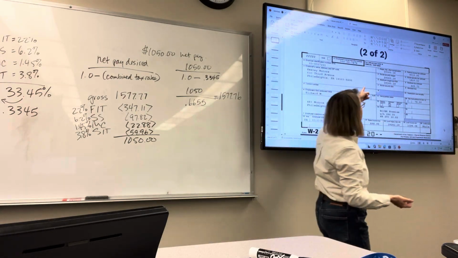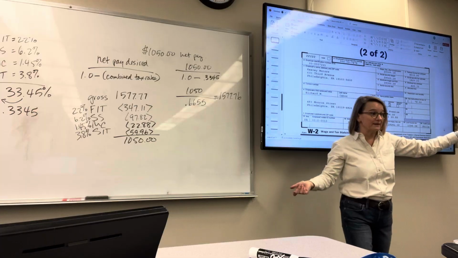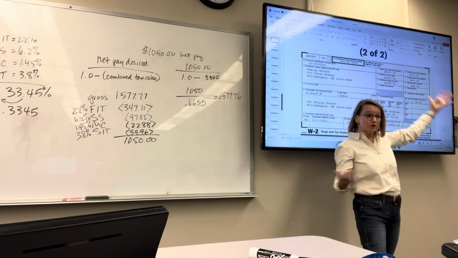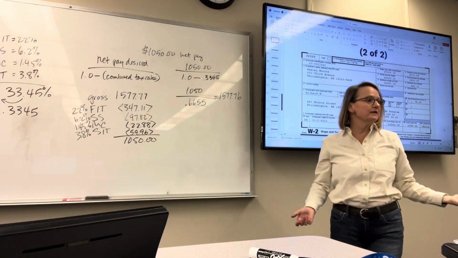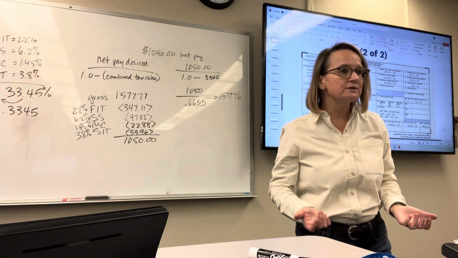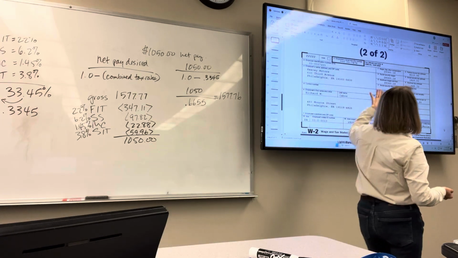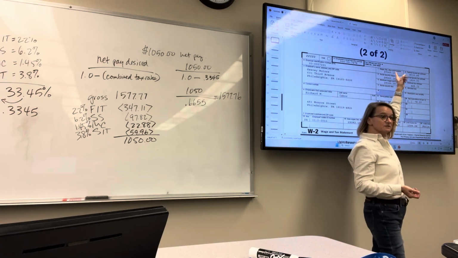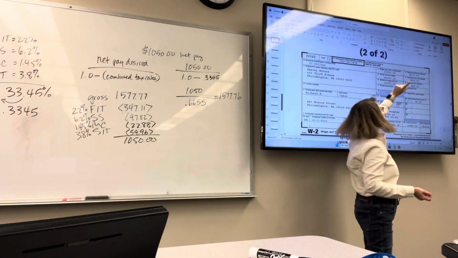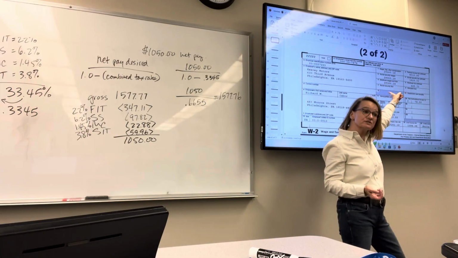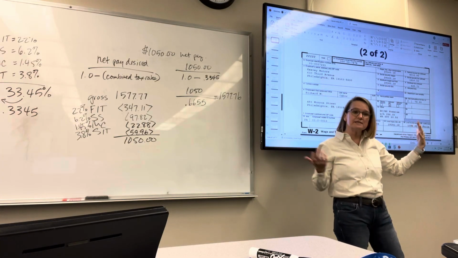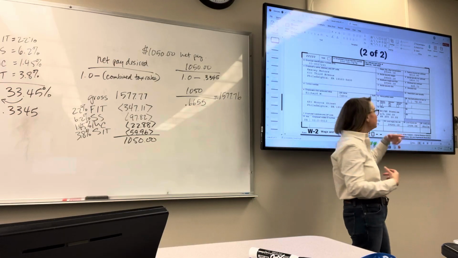So box 3 in 2024 would never be over that amount. But box 1 could be over that amount. If we have an employee who made $200,000 and $200,000 were subject to federal income taxes, they'd have $200,000 here, but they'd have $168,600 here, because that's the amount that was subject to the tax.